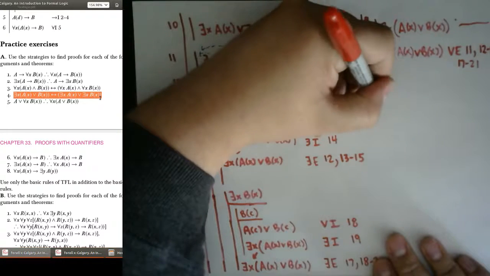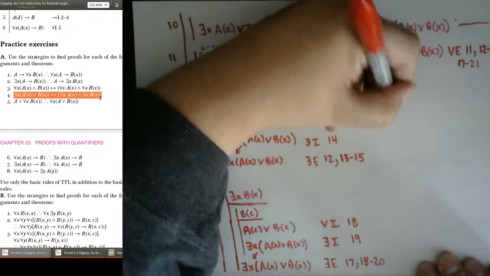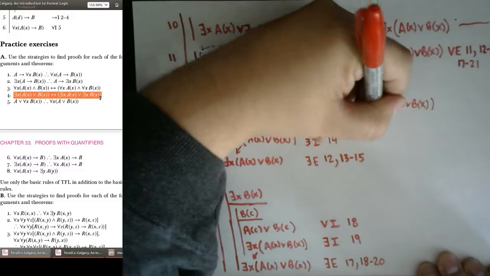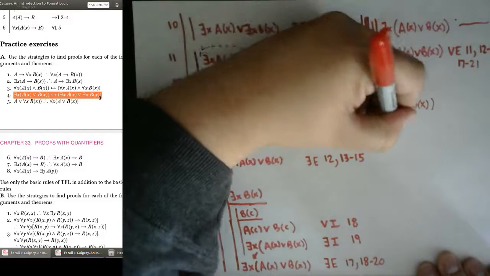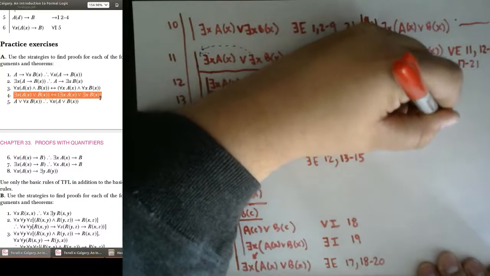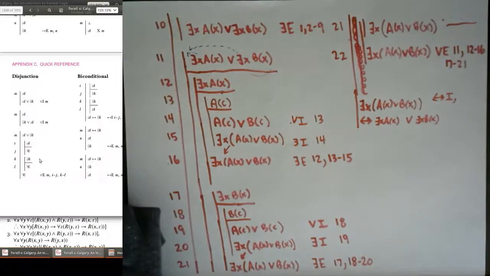So there exists x, and that's around both Ax or Bx. I don't have enough room to do it in one line, so let me do it in 2 lines. If and only if there exists x, Ax, or there exists x, Bx. And that's a biconditional introduction, and according to that rule I need to cite two subproofs, I believe.